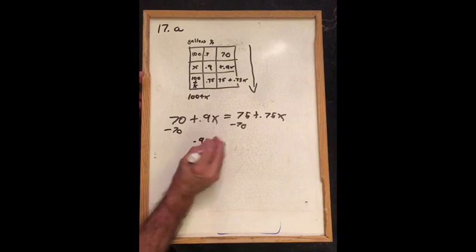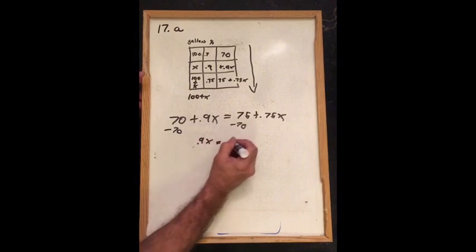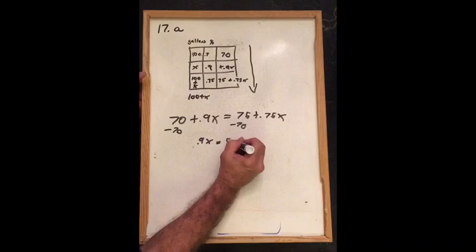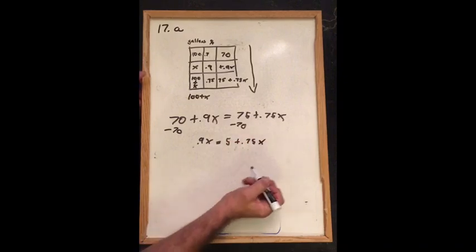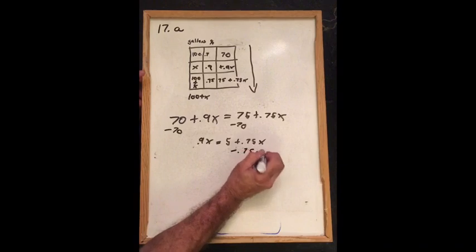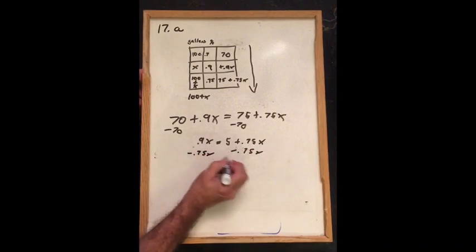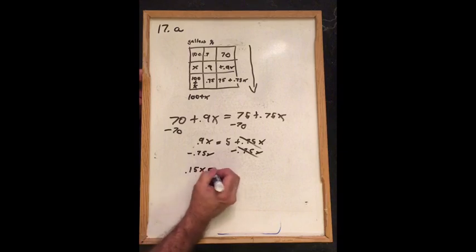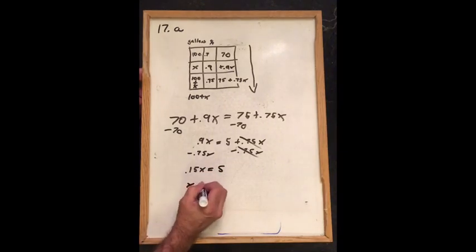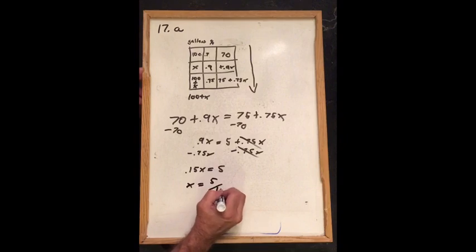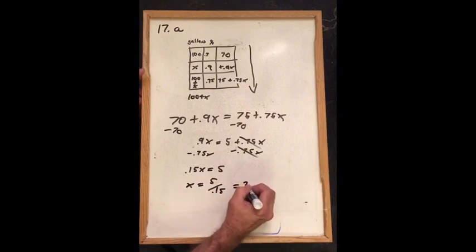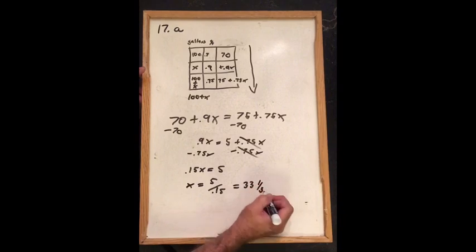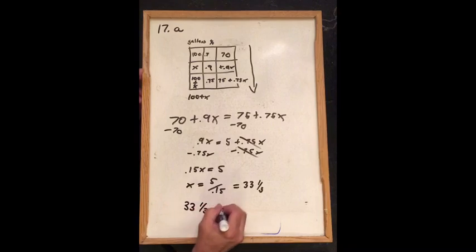So 0.9x is equal to 5 plus 0.75x, and then we'll subtract 0.75x, and that will be 0.15x is equal to 5. So x is equal to 5 divided by 0.15, which is 33 1/3. Just do that on your calculator. So the answer is 33 1/3 gallons.